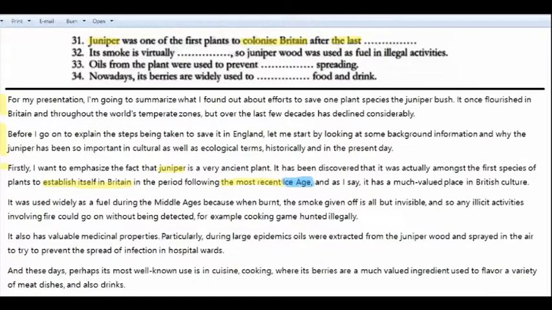It was used widely as a fuel. I'm not sure that we caught the word fuel as a key word, but we should have. We had fuel, illegal activities, and smoke. We might hear the word virtually. We see smoke appear here, and the word all but is all but invisible.